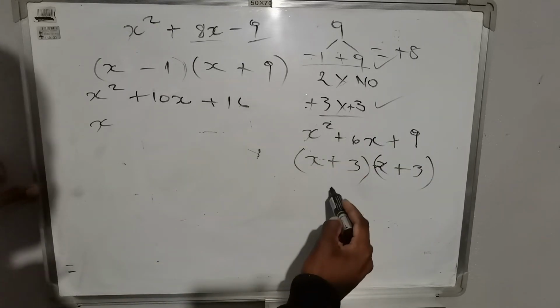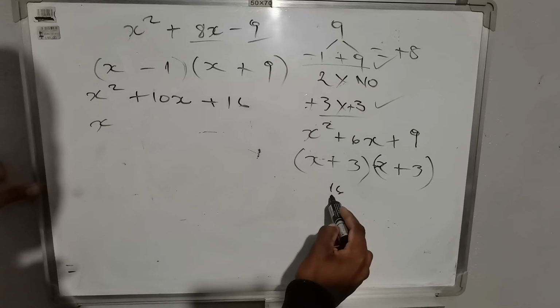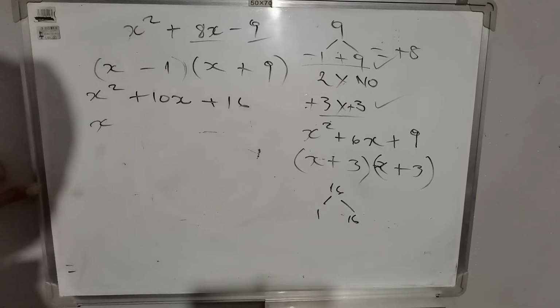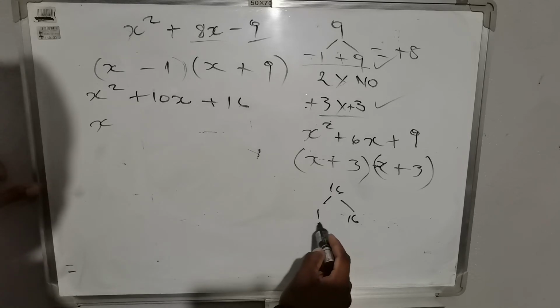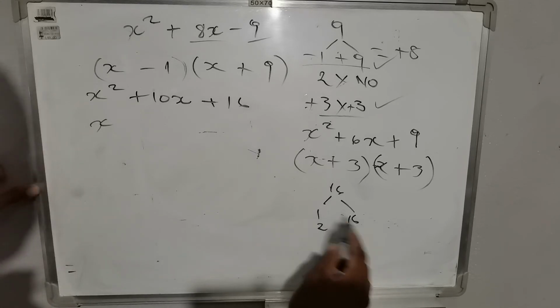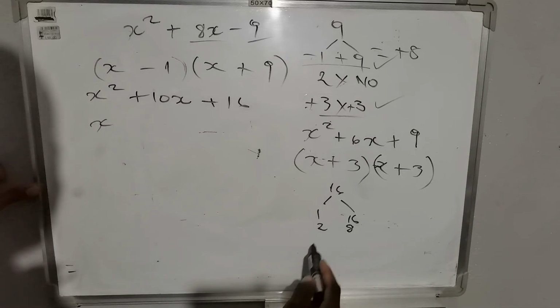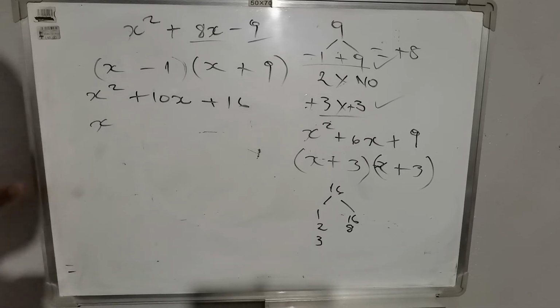Okay, let's take 16. The first pair would be 1 times 16. Do we have any number that if we multiply by 2 we'll get 16? Yes, it's 8. Do we have any number that if we multiply by 3 we will get 16?